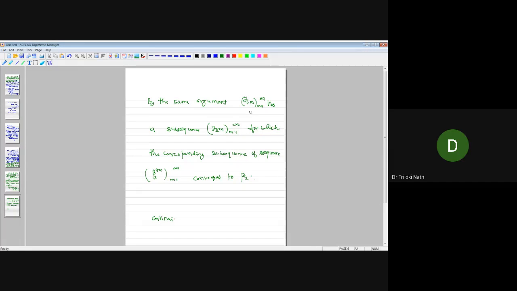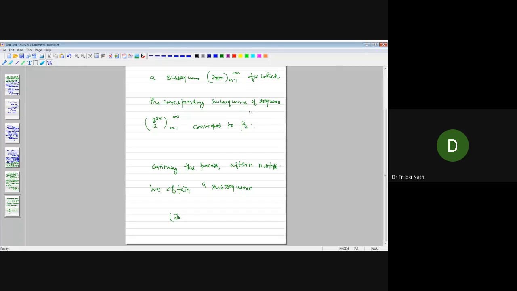So continuing this process, after n steps, we obtain a subsequence ynm, m is equal to 1 to infinity, yn1, yn2, dot dot, ynm, dot dot dot, whose terms are of the form.